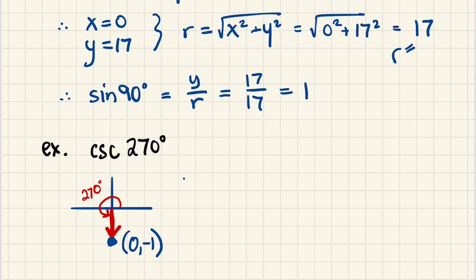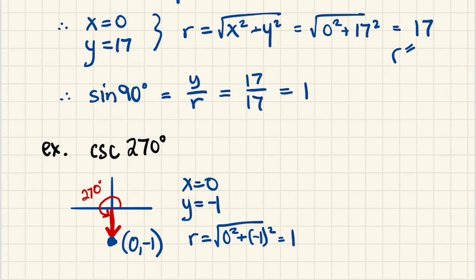So we have x is equal to 0, y is equal to -1, and we can calculate our r value, which is the square root of x squared plus y squared, and so that's the square root of 1, which is 1. Okay, r is actually really easy for a quadrantal angle. It's always just going to turn out to be the absolute value of whichever x or y is not 0. So in this case, it's the absolute value of -1. In the last case, it was the absolute value of 17, which is 17.